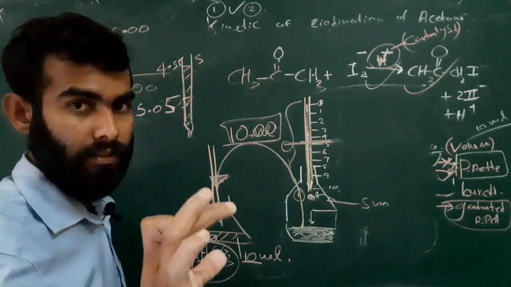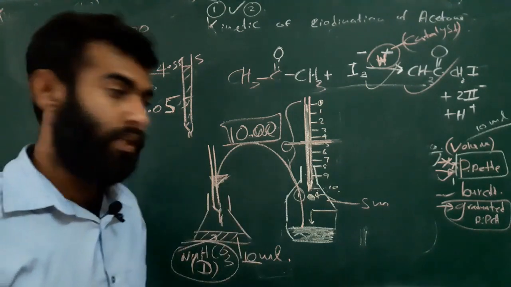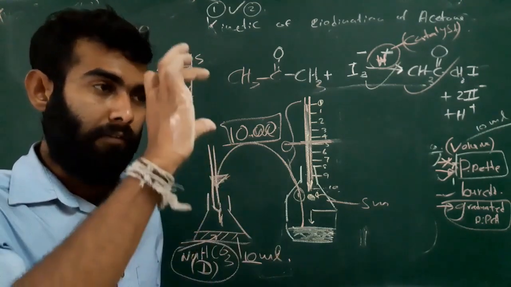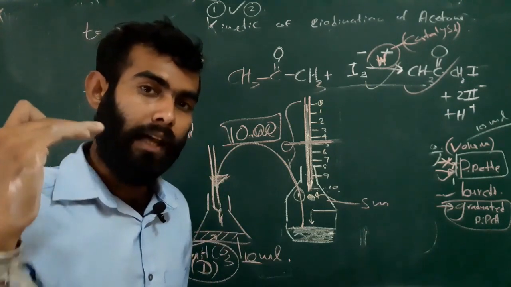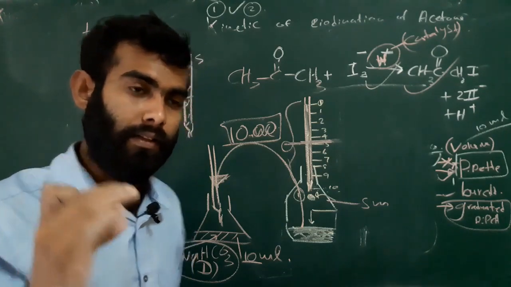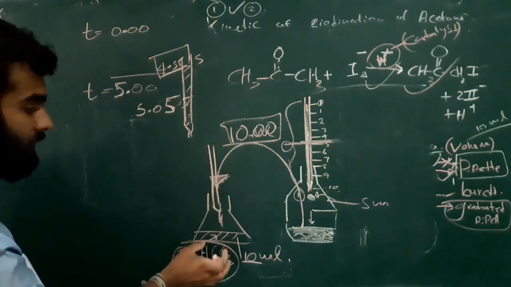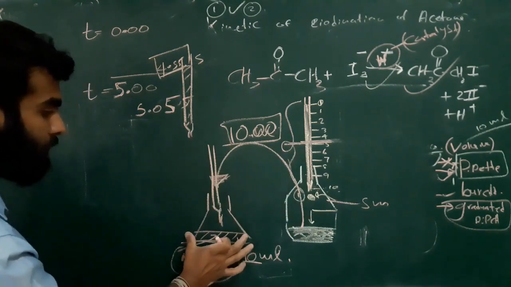It is 5 seconds. We add our iodine solution into the reaction mixture. After 5 seconds, we start calculating the time. So when we do this, we will start draining this reaction mixture into the sodium bicarbonate solution.